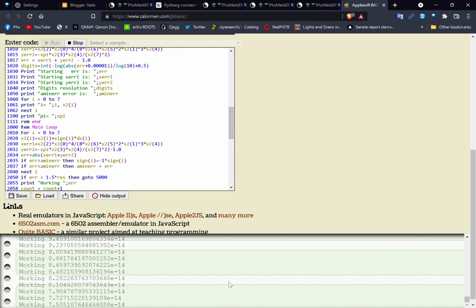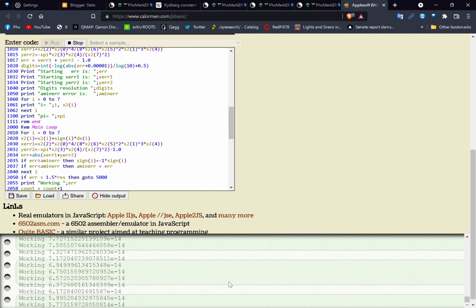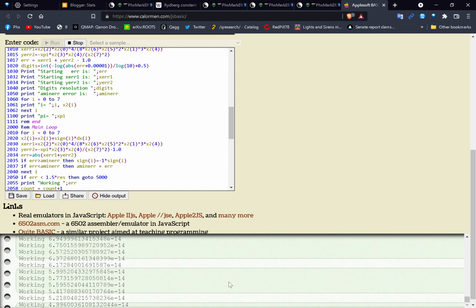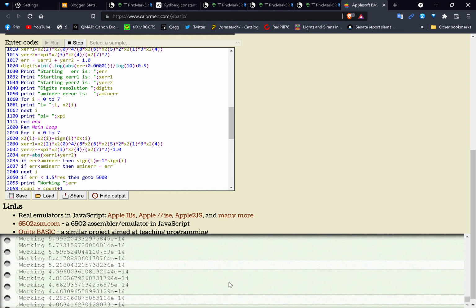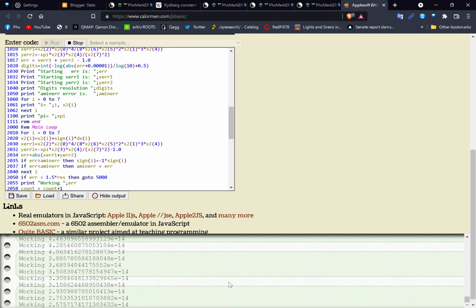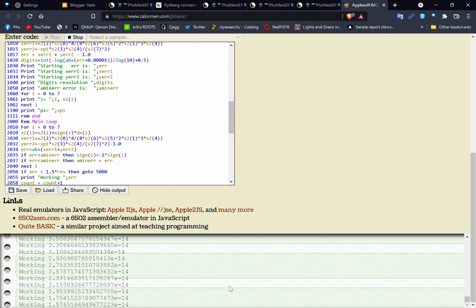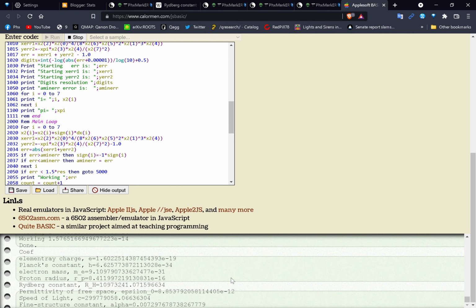And just the way it works too, for finer precision, I actually am decrementing it 10 to the minus 15th to 10 to the minus 16th, but just looking at the upper bits just for fineness. So anyways, there we go, it's done.